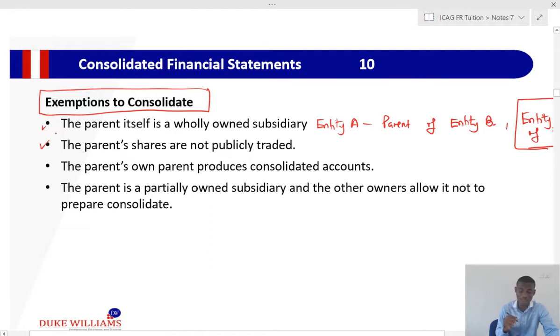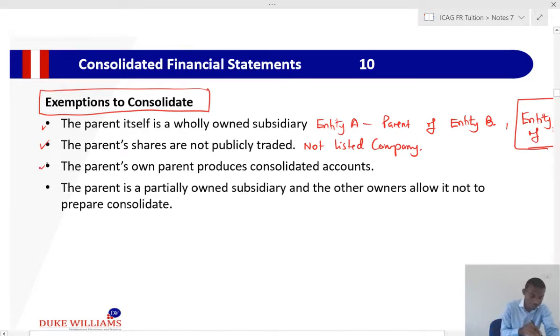So for instance, entity A is not a listed company. So entity A not being a listed company can be exempted from consolidating B.